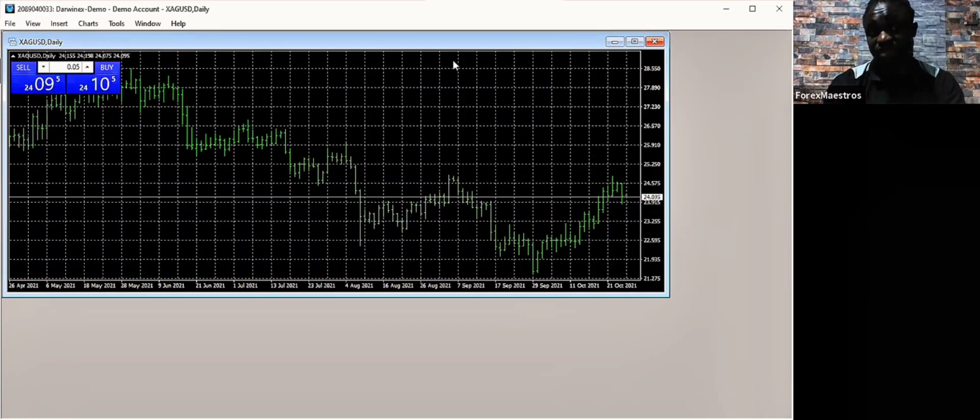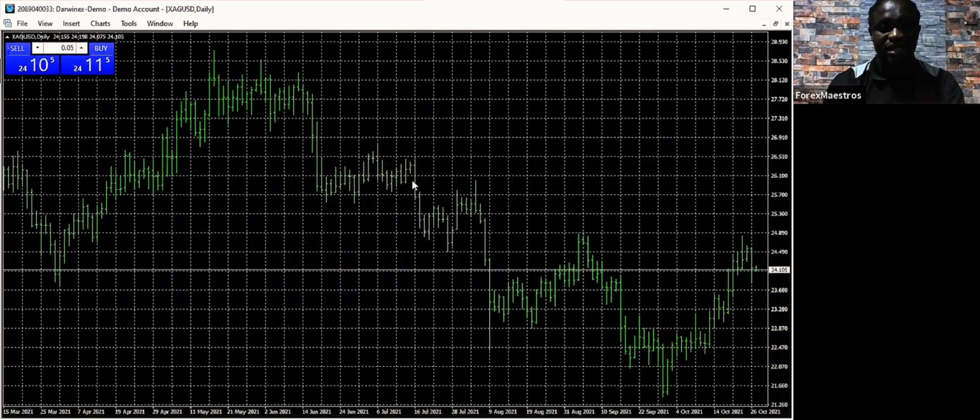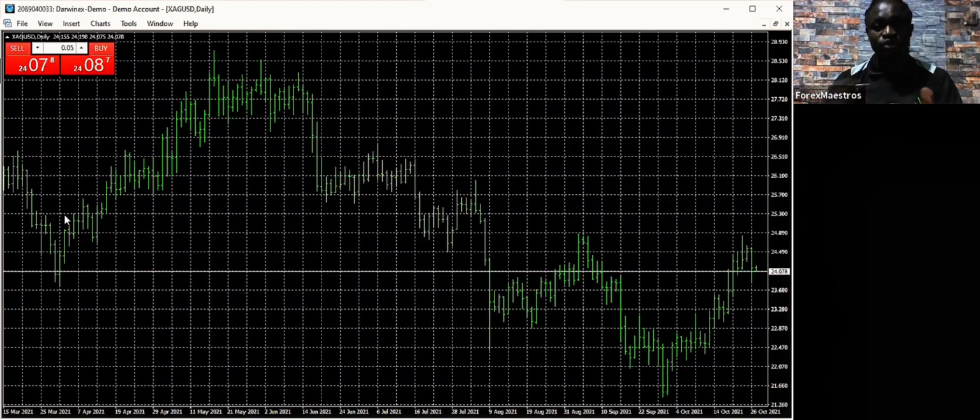Some of you might have it large, filling the whole screen, but whichever way it appears, just come to the maximize button here and maximize it. Then you have your MT4 window fitting your screen. So let's navigate the MT4. Remember what I said, this is a practical class, so you have to do as I do. Just follow me.